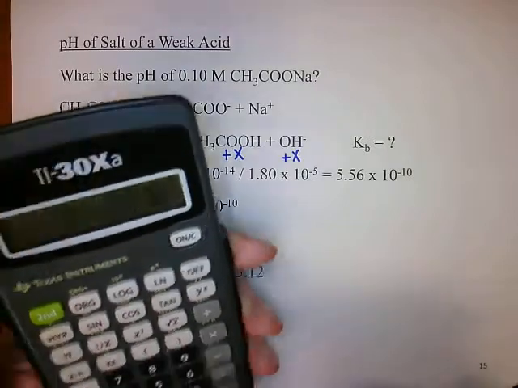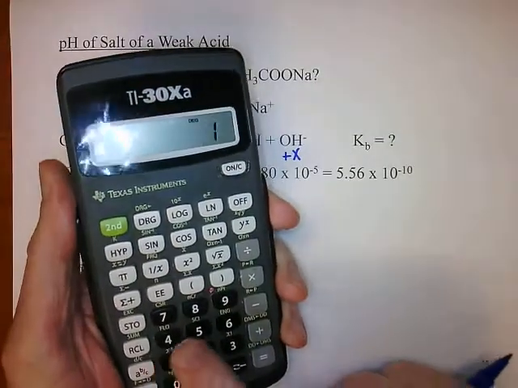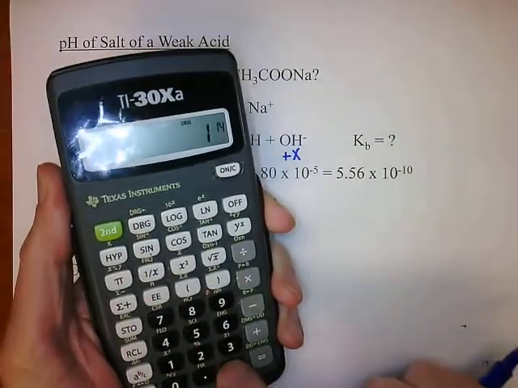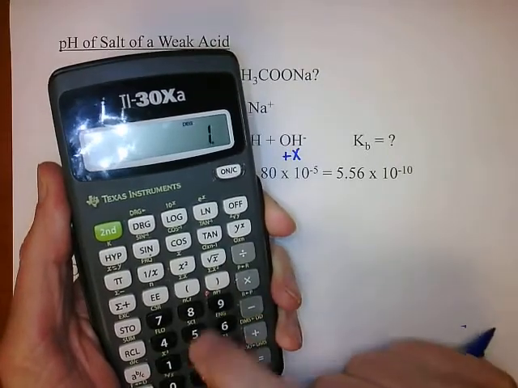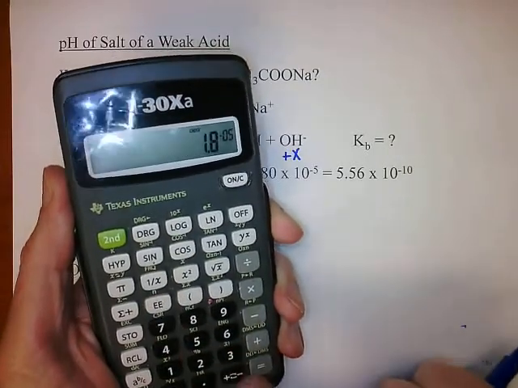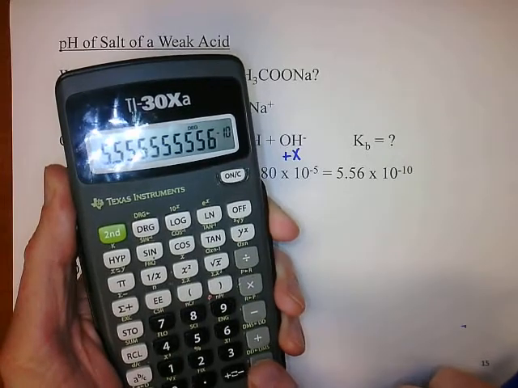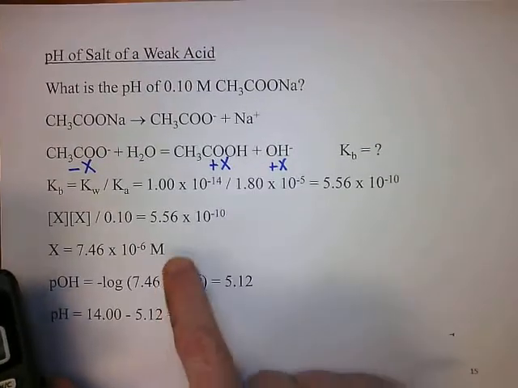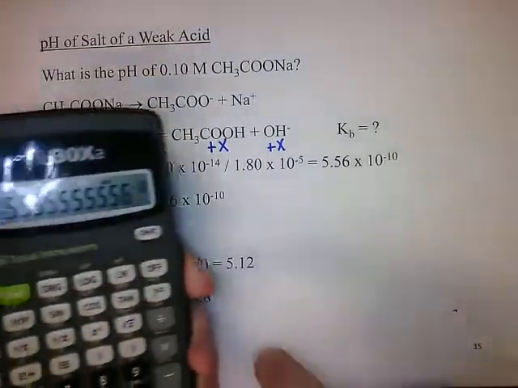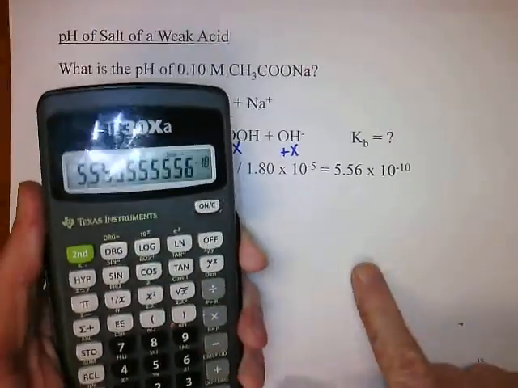To get the Kb, we take 1 times 10 to the minus 14, that's Kw, divided by Ka, 1.8 times 10 to the minus 5. That gives us Kb, which I rounded to 5.56. Then we're going to cross multiply, so you multiply that by 0.1.